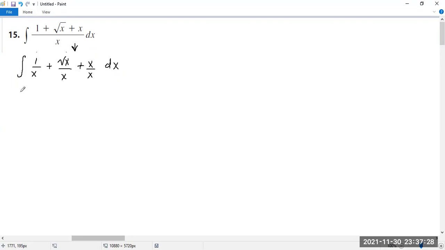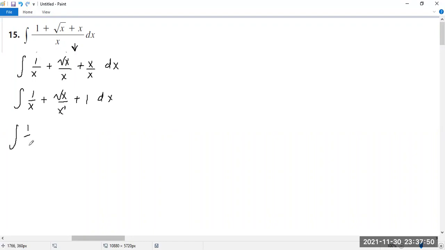But I can still do some things. For instance, x over x is just 1, so I can make this 1 here. So this integral and this integral are the same. I'm just expressing it in better ways.